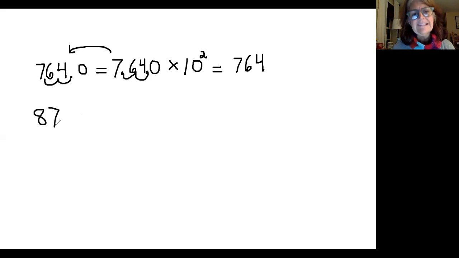The number 87, is this scientific notation? No. We know that 87 is really 87.0, but we can only have one number in front of the decimal place. So what we're going to have to do is create this, 8.7. We can put a 0 on the end if we want.